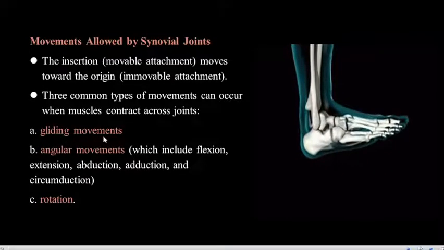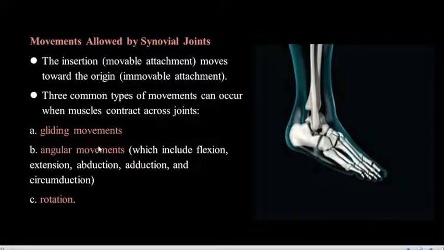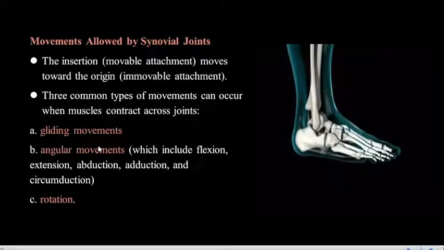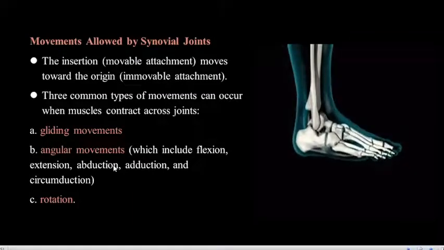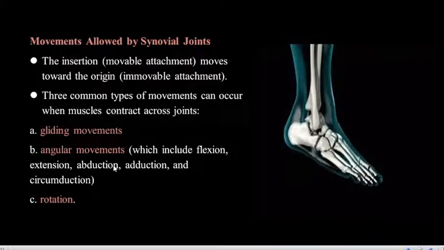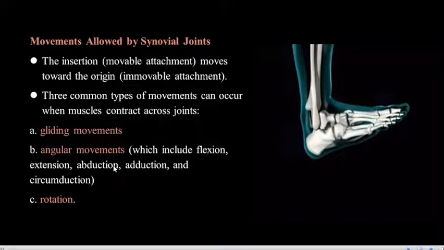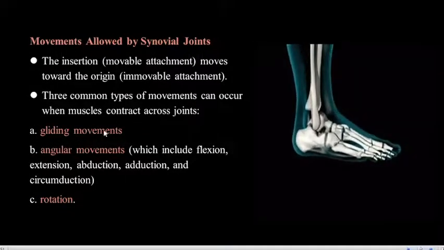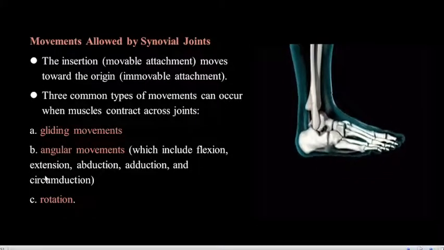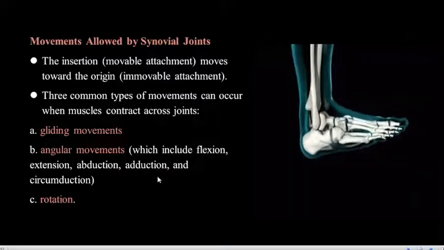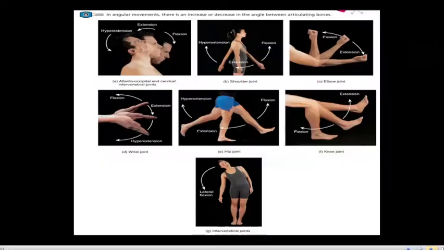Gliding movement, example, the flat bones, the surfaces move back and forth and side to side. So, nag-glide lang yung dalawang bones with each other. Number 2, angular movement, which includes flexion, extension, abduction, adduction, and circumduction. So, ito yung mga example nila.